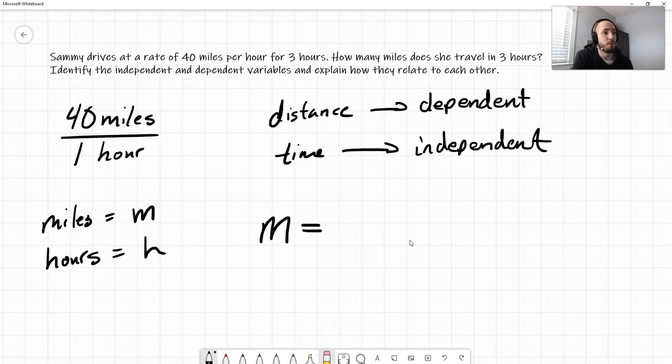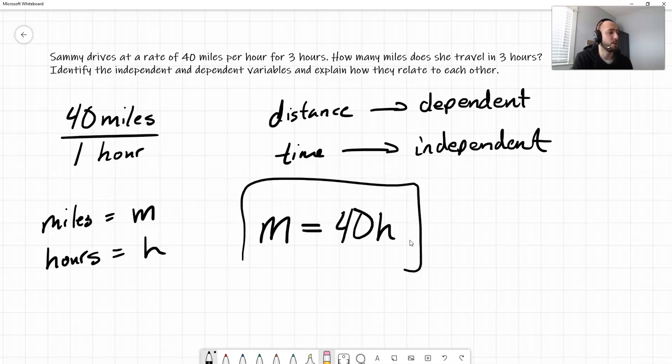So if I travel for 1 hour, I multiply that 1 hour by 40 to get 40 miles, right? That makes sense. If I travel for 2 hours, I multiply that 2 by 40 to get 80 miles. So we can see the pattern here, that this M, our number of miles, is always going to be 40 times the number of hours that we drive.